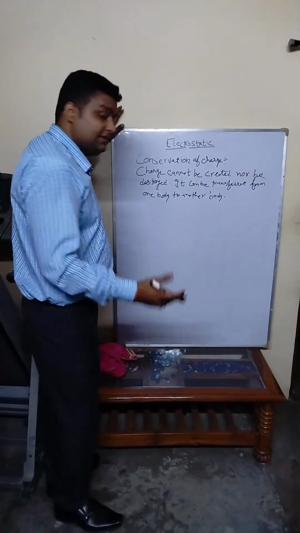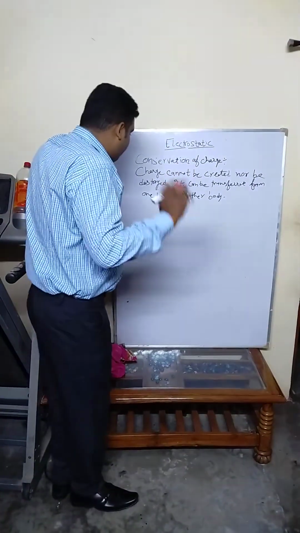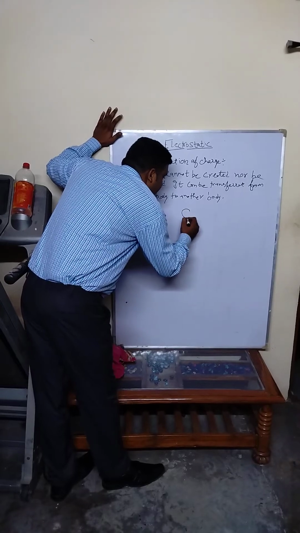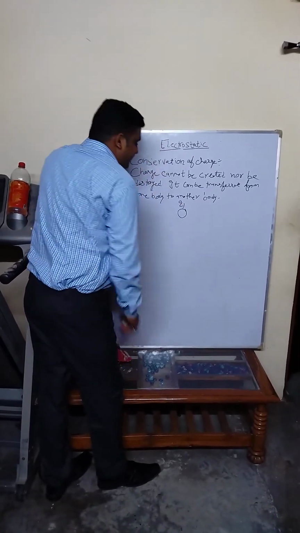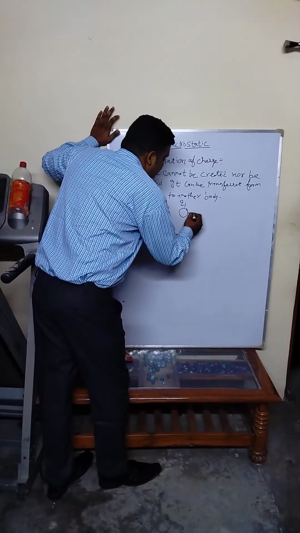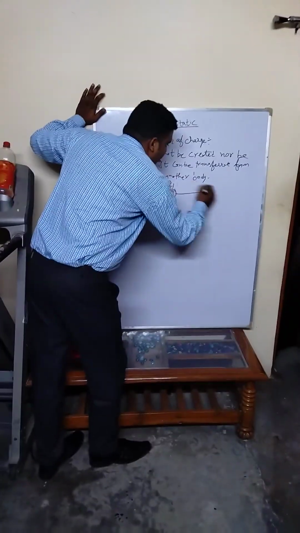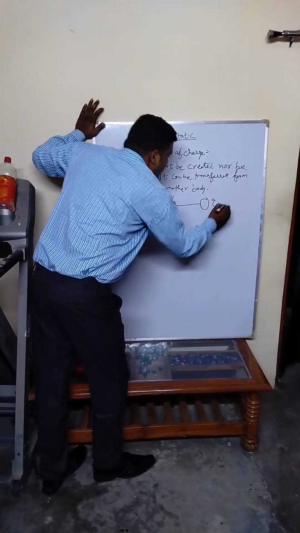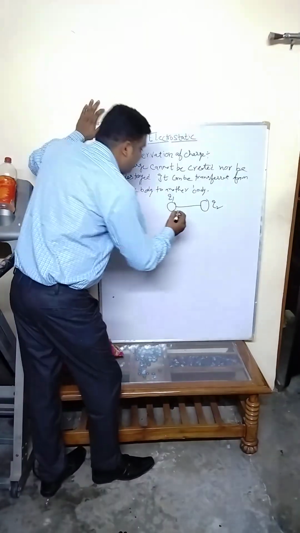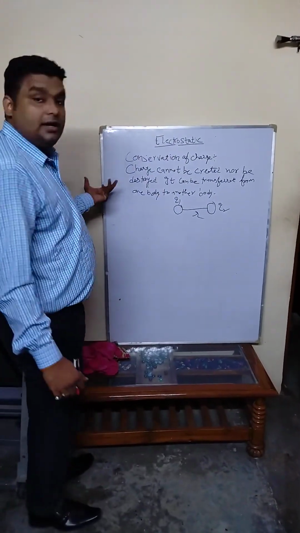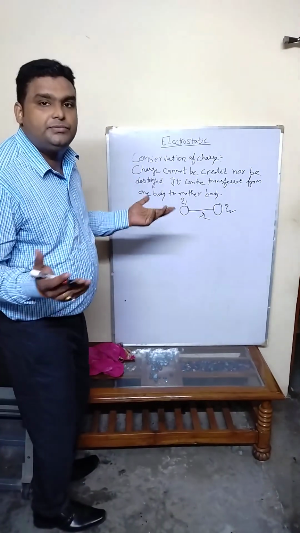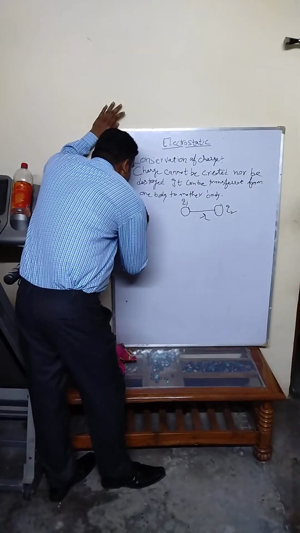Now let's discuss next. Suppose we have a point charge here, that is called Q1, and the other charge is point charge Q2, and it is separated by a distance r. So here comes the concept of Coulomb's law.